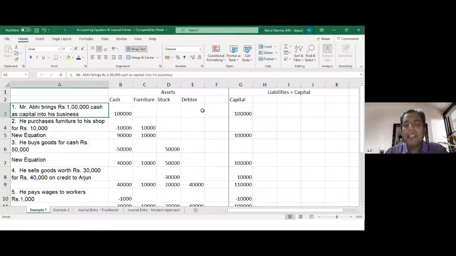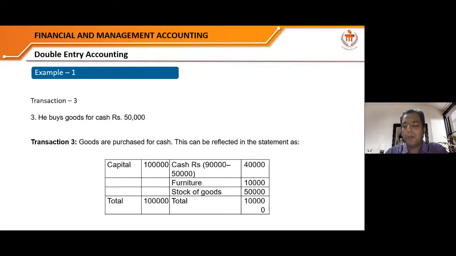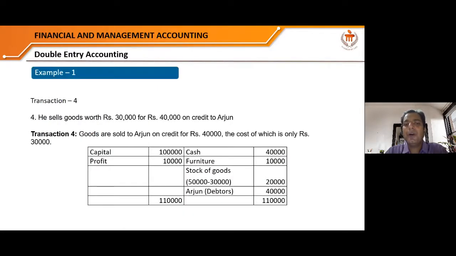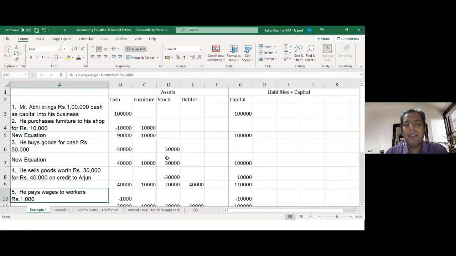We move on to the next part where goods worth rupees 30,000 were sold. This is how it would look now. Cash 40,000, furniture 10,000. Arjun, we sold it to him for 40,000, so 40,000 needs to be taken from him. That's why he's here as debtor. And then we have added profit of 10,000. We move to the last part where he paid wages to workers.